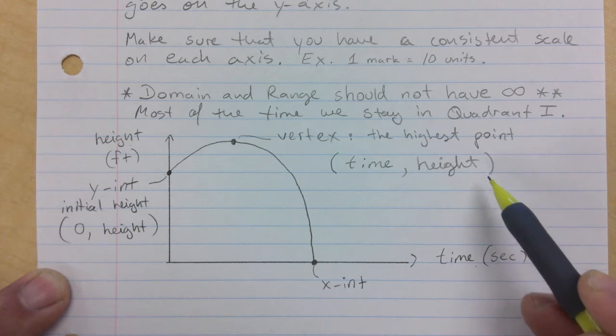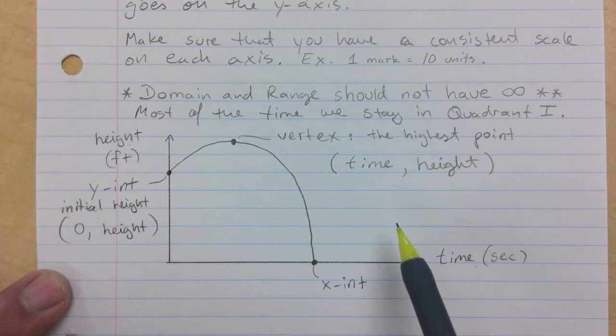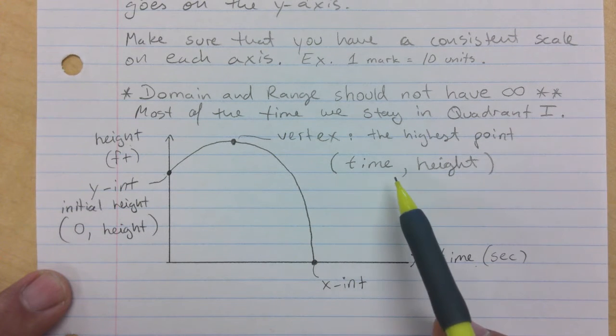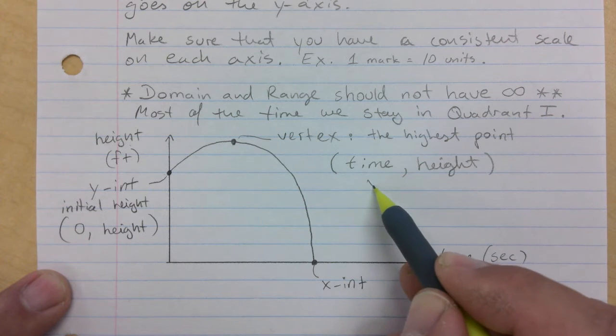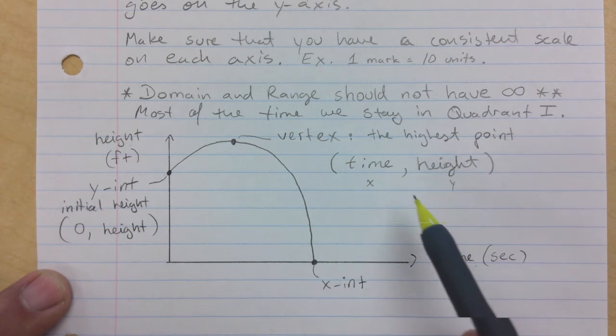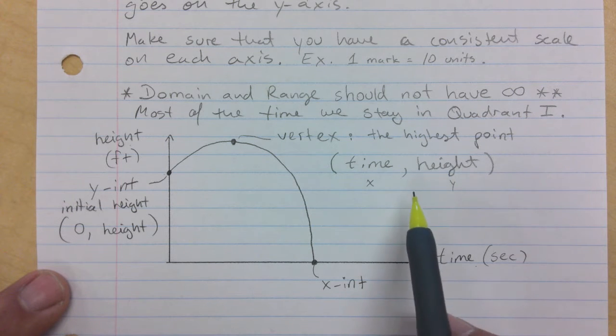So the coordinates to this point right here, when you calculate that, they mean something. The x value is our time, the y value, height. So we still know that this is x and y, but they mean something for us right now. There's a context around it, okay? So the highest point, there we go.